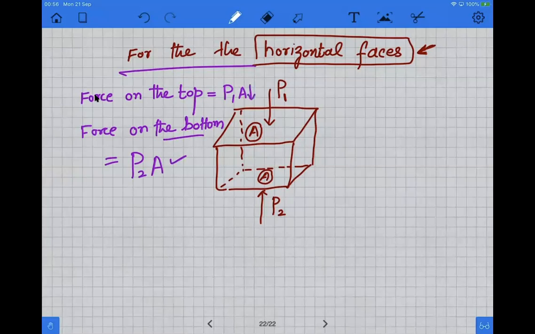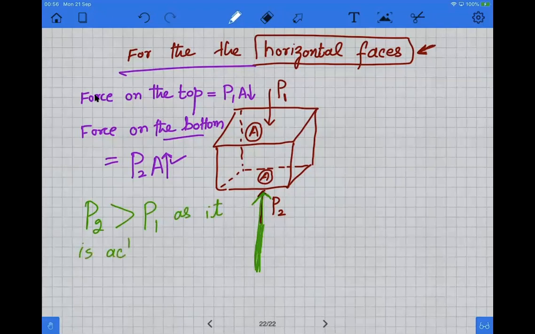P1A is acting downwards, P2A is acting upwards. And what is their comparison? P2 is obviously a bigger pressure. Because of depth, it is more. At more depth, you have more pressure. At less depth, you have less pressure. P2 is greater than P1 as it is acting.